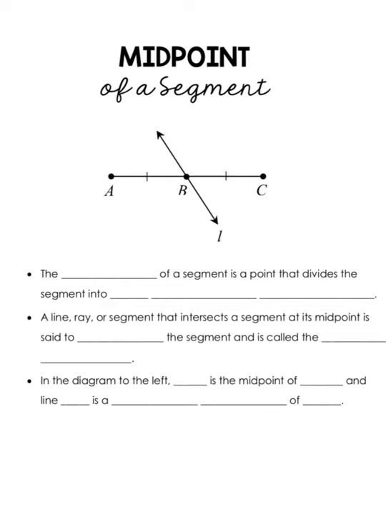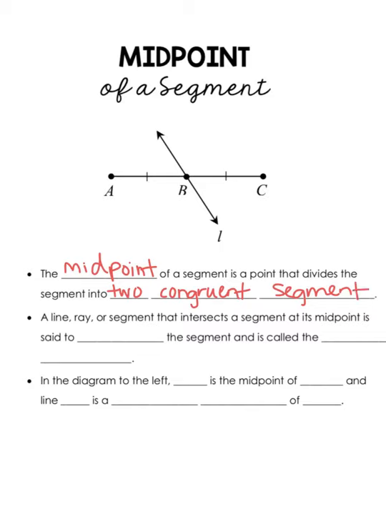So as you can see on this slide, we have a diagram at the top. So we're going to just start with a couple notes. So the midpoint of a line segment is a point that divides the segment into two congruent, which means the same or equal, two congruent segments.